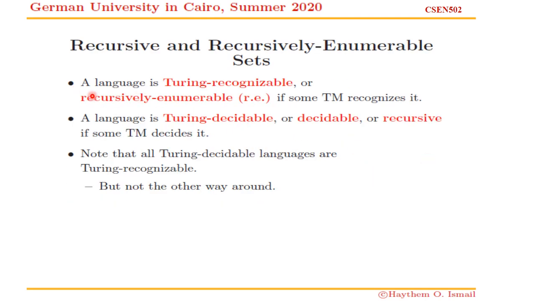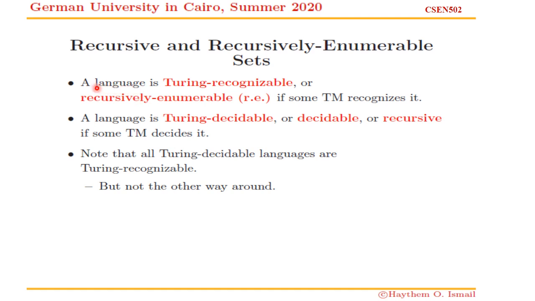Okay, we say that a language is Turing recognizable or recursively enumerable, or just RE, if it's recognized by some Turing machine. Now, what does it mean to be recognized by a Turing machine? It means that there's a Turing machine that accepts every string in the language and does not accept every string not in the language.